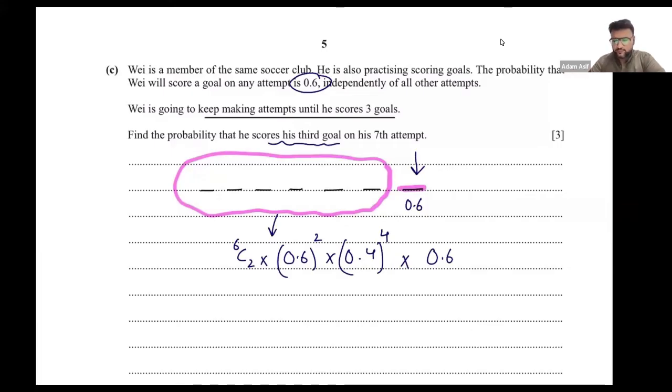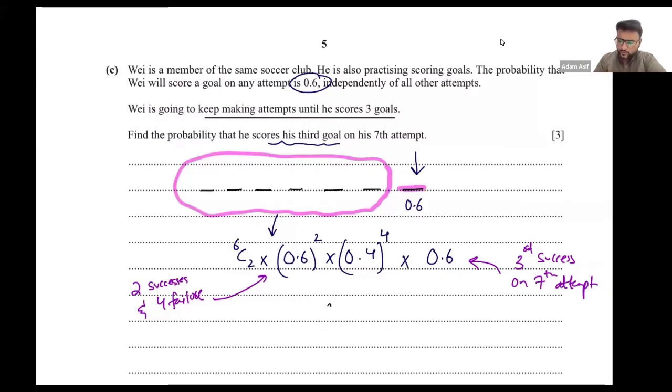Now multiply this. Okay, this is for 2 successes and 4 failures. And this is that the third success on the 7th attempt. 0.08, 3 decimal places. 0.0829 and then 4.